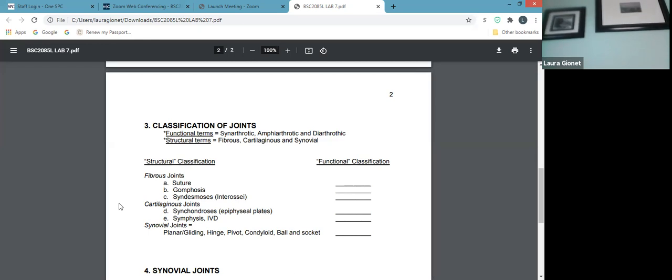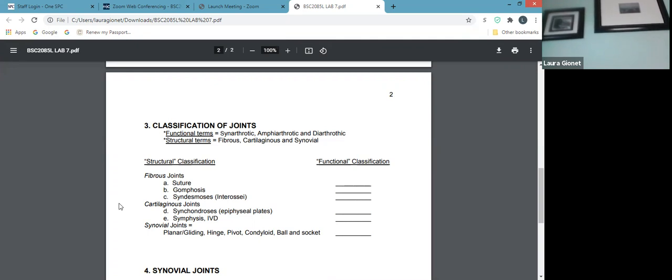If you're talking about the functional classification, you're asking how much movement can occur at this joint, and your three possible answers are synarthrotic, amphiarthrotic, or diarthrotic. Synarthrotic means no movement at all. Amphiarthrotic means a little bit. And diarthrotic means a lot of movement.